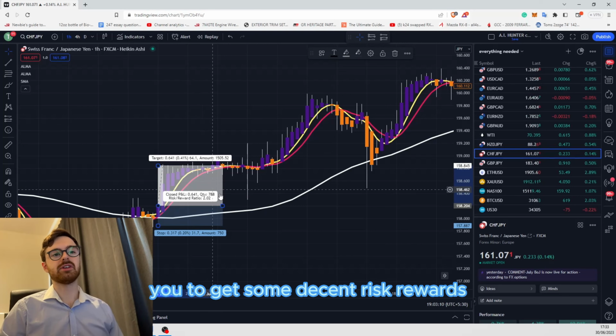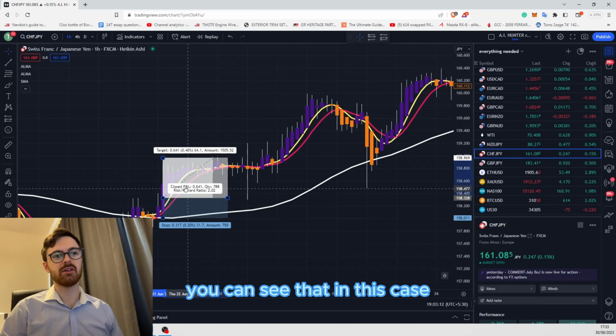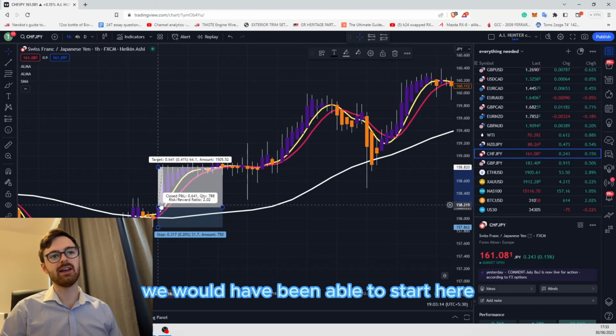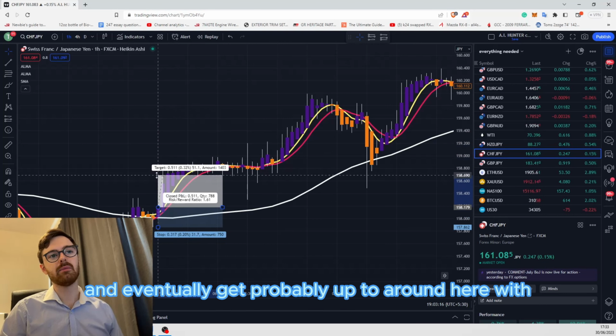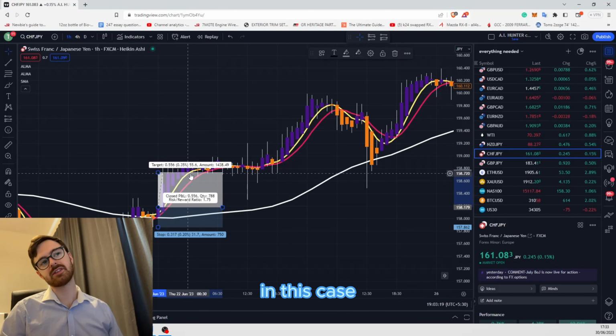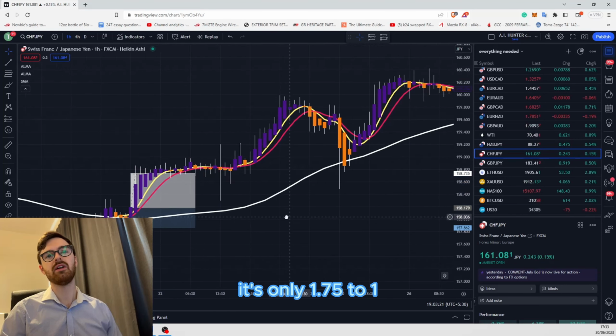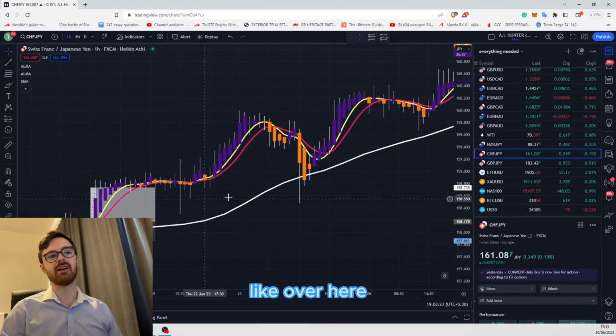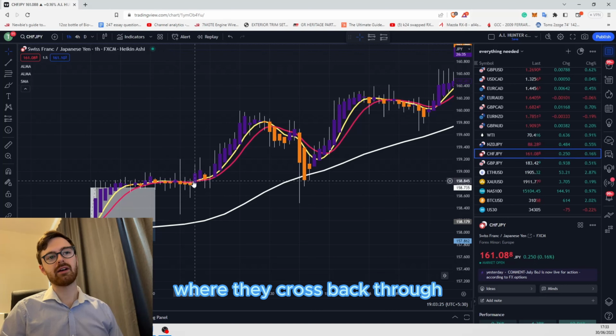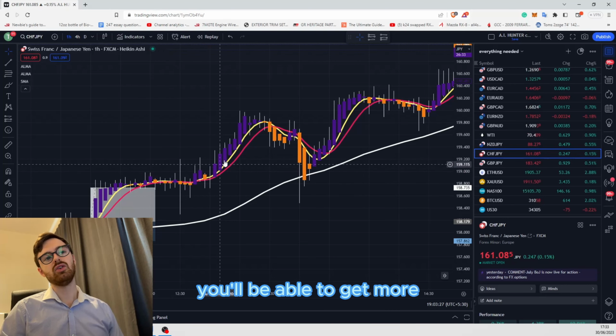This is going to enable you to get some decent risk to rewards. You can see that in this case we would have been able to start here and eventually get probably up to around here. In this case it's only 1.75 to 1, but in other instances like over here, where they cross back through on this candle, you'll be able to get more.